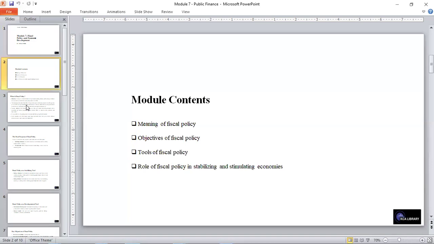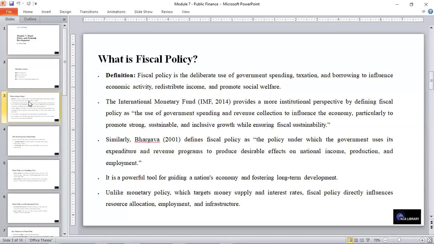economy. And by way of definition, fiscal policy is the deliberate use of government spending, taxation, and borrowing to influence economic activity, redistribute income, and also promote social welfare.